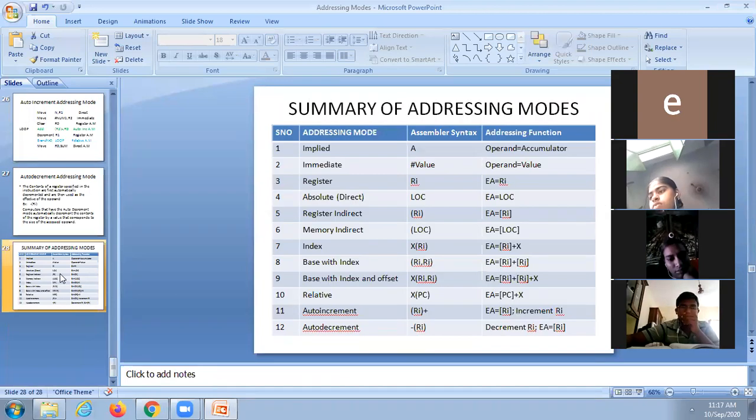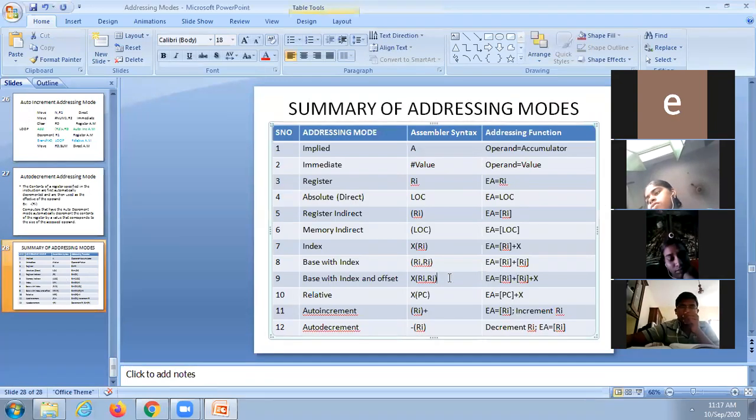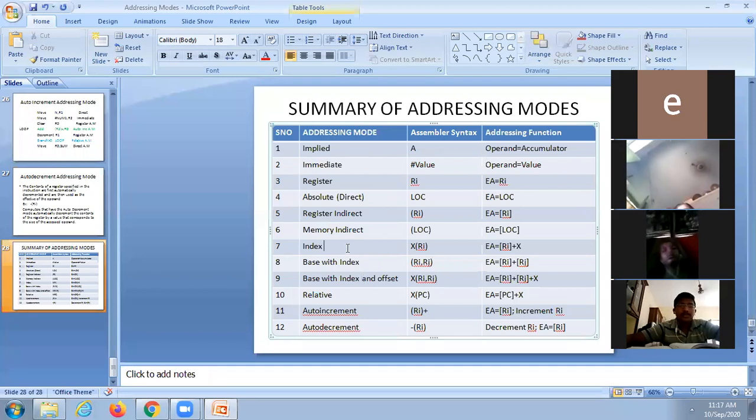Now, any doubt regarding these three? Do you have any doubt regarding these three? No, sir. If you are able to understand index, the same thing will be here. Nothing will be different here. The same concept. If you have any doubt, I will explain again. No doubt, sir.